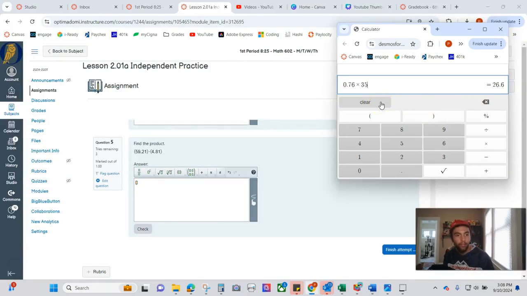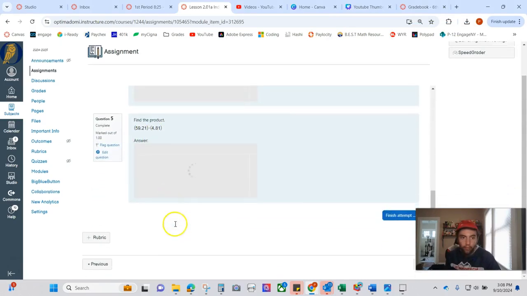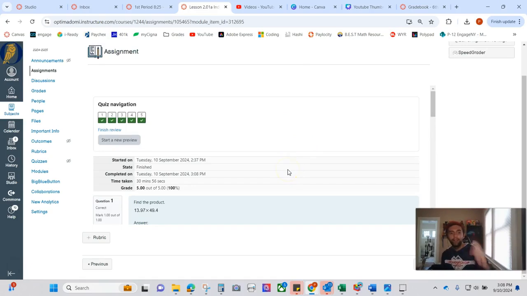So I'm going to solve this question using this calculator. 59.21 times 4.81 equals 284.8001. Check. Correct. Now I click finish attempt, submit all and finish, and I'm done.